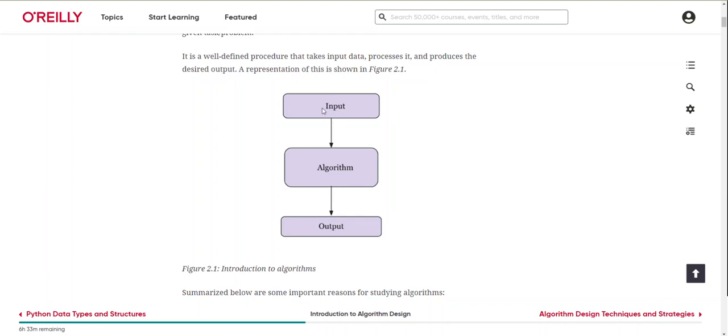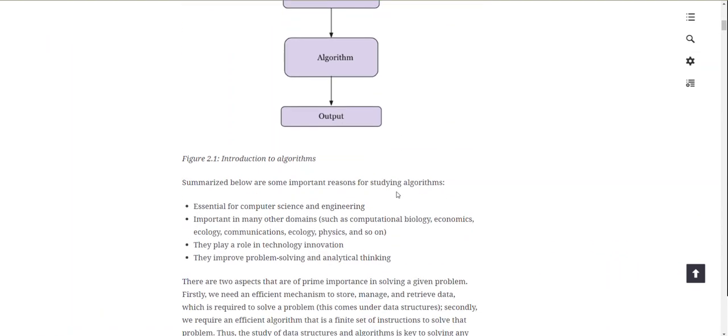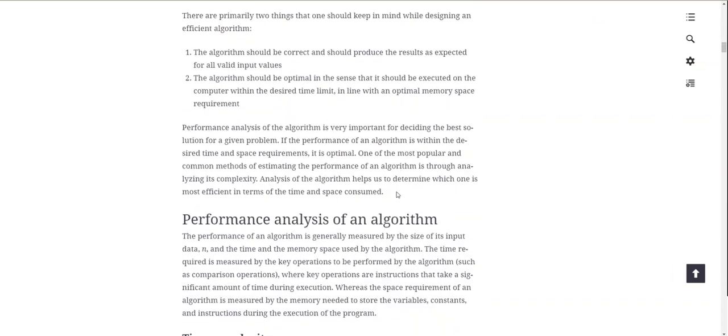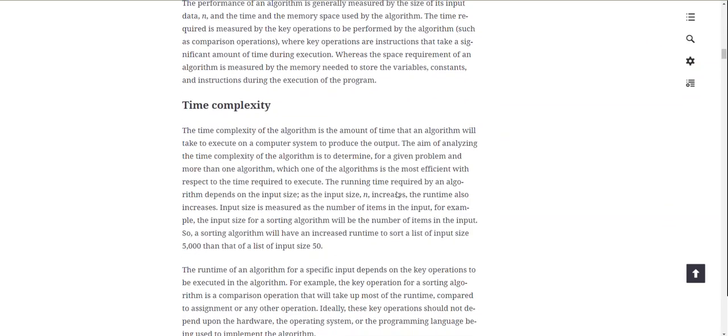Okay, so we're going to take an input. I may know the number, I may not know it. I may just treat it as an n. We're going to do what we do to it, and then we're going to come up with an output. How efficient and how effective was what took place? That's it. That's what we're looking at. So as we go through this, we're going to look at time complexity.